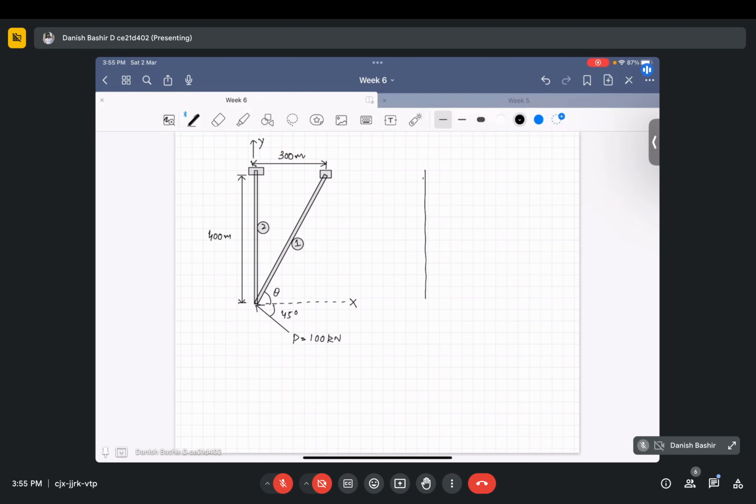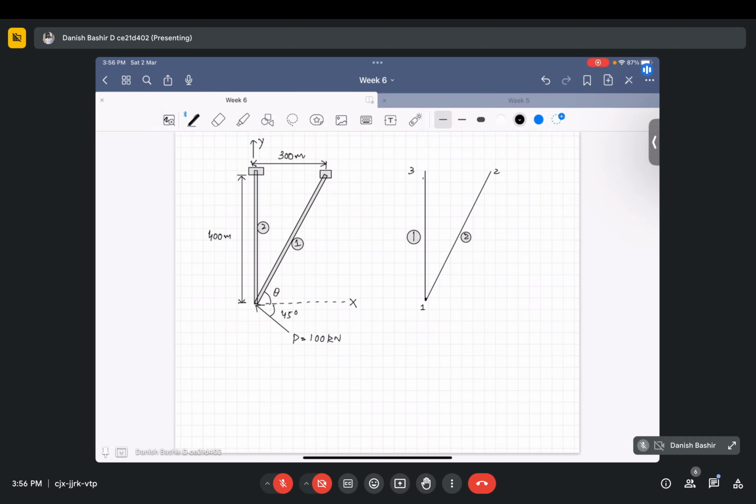So this will be our element 1, this will be our element 2. Okay, this is our element 1, this is our element 2. This is node 1, this will be our node 2, this will be our node 3.